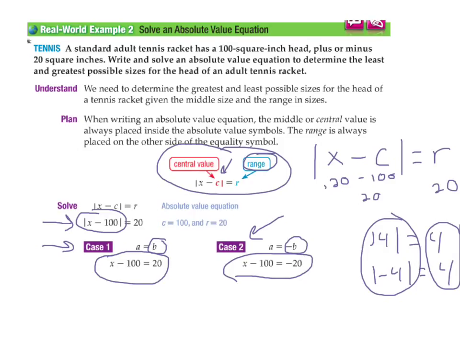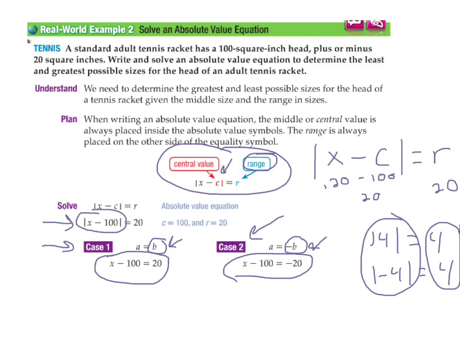And when that happens, what we can do is get rid of the absolute values, and we can set one equation equal to whatever the value is on the right-hand side, leave it alone, and then we can change the sign and do it again for case 2. So that's where the minus b comes in.